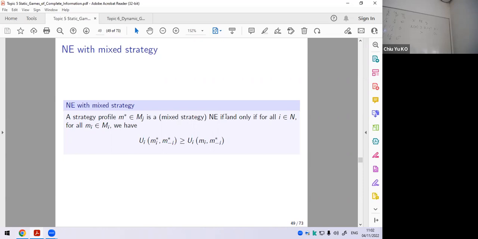So when you try to construct a mixed strategy Nash equilibrium, you should first remove the strictly dominated strategies because they will never enter your action. That is the consequence, but it is not in the definition.